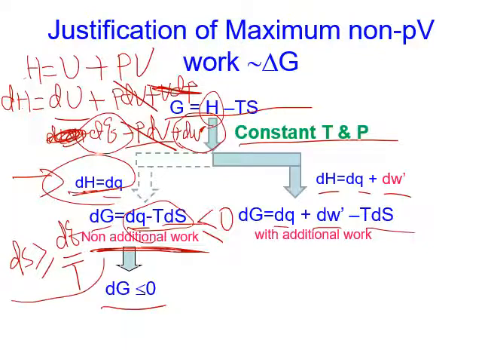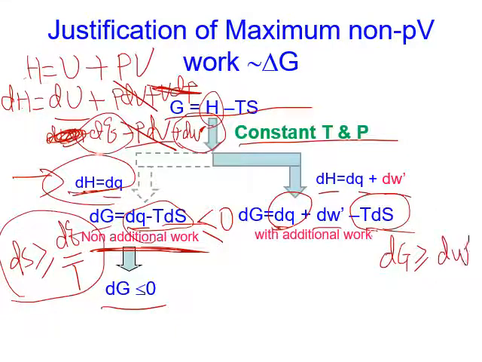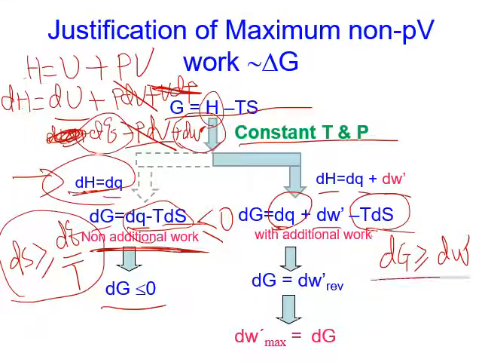Again, because of the Clausius inequality, we know dQ minus TdS must be less than or equal to 0. So delta G must be less than or equal to the non-PV work. That means the maximum non-PV work, dW prime, the additional work, is dG. The maximum is the Gibbs energy change.